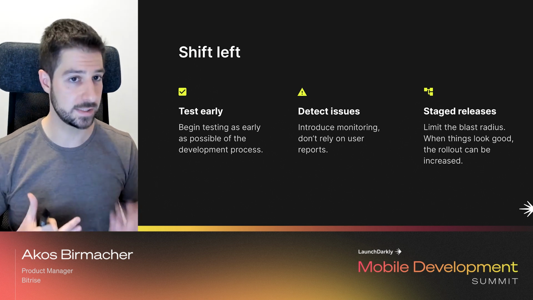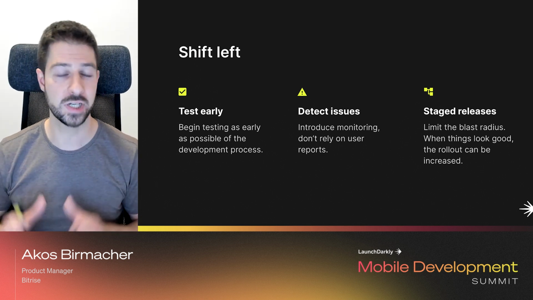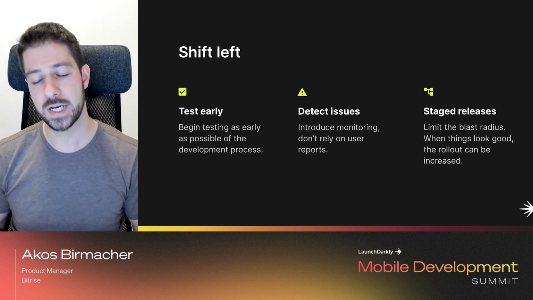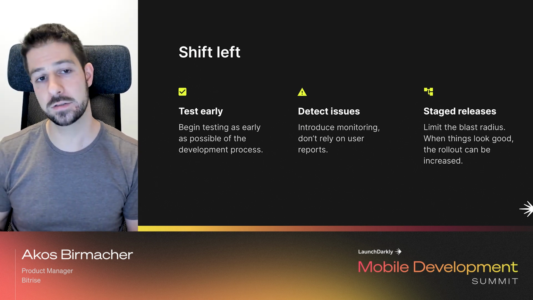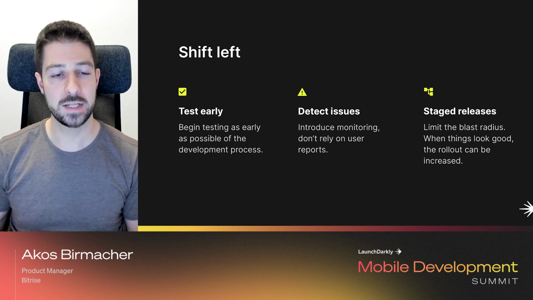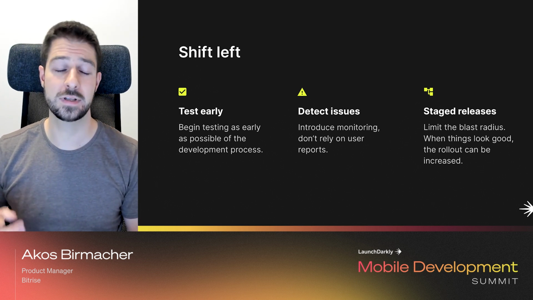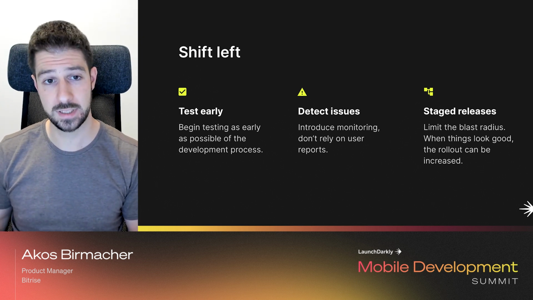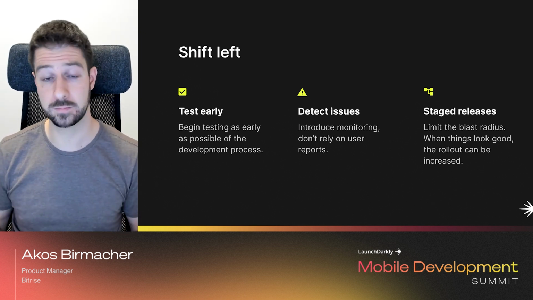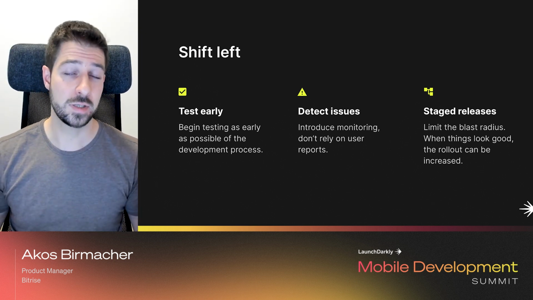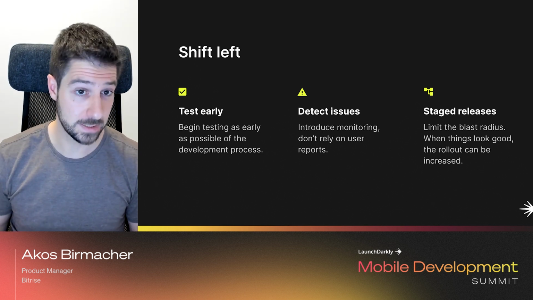But even if you test everything and try to catch all of the bugs, bugs will still be published in production. So what you want to do is try to detect these issues as soon as possible. It's not a good idea to wait for users to report that, by the way, the login page of your application is not working.